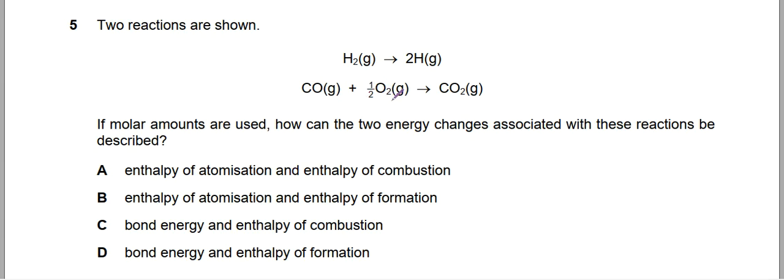Enthalpy of atomization is for when 1 mole of atoms are produced. If we look at this case here, 2 moles of atoms are produced, so we know that enthalpy of atomization is incorrect.